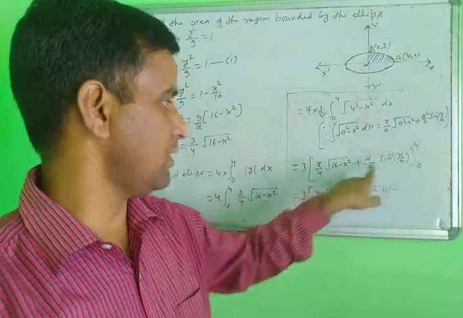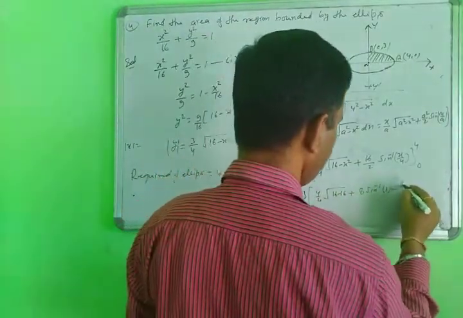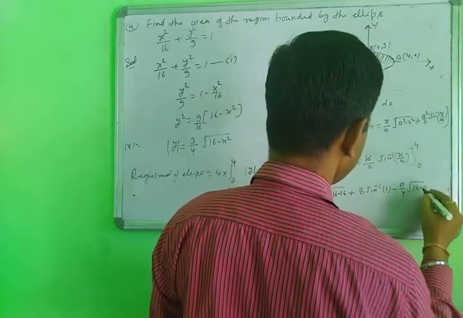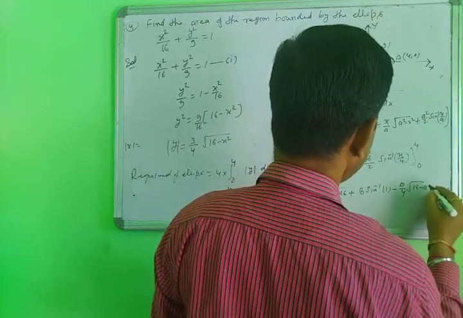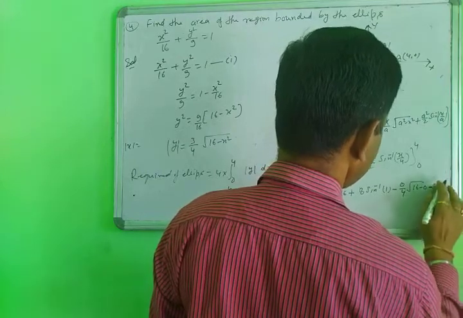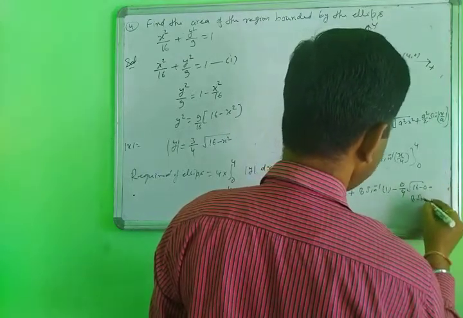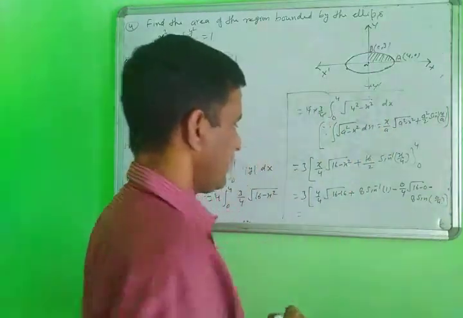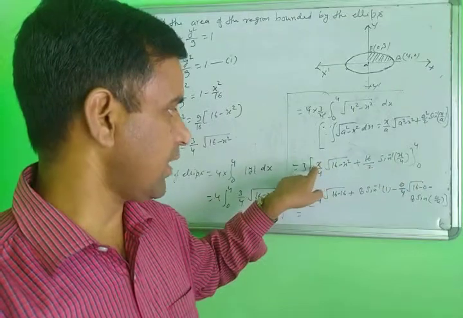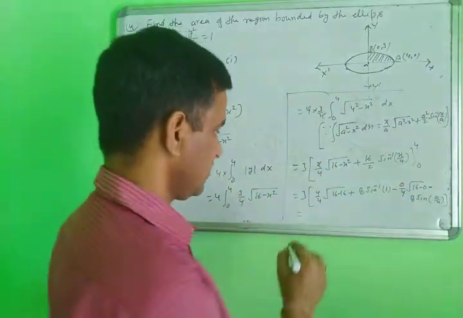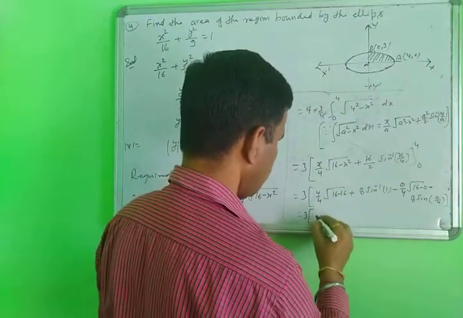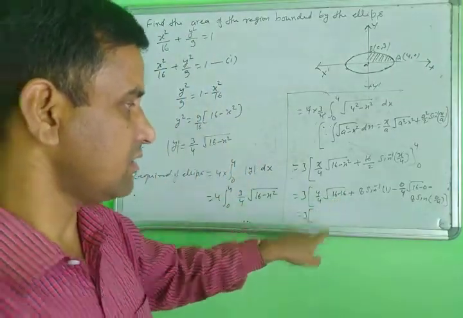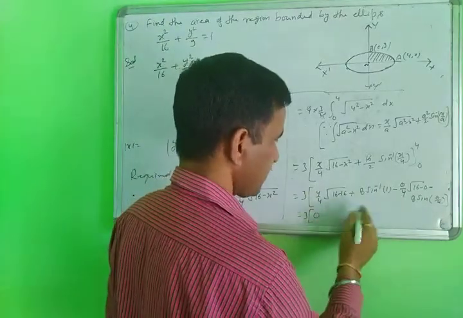Then using the lower limit: 0 upon 4 times root 16 minus 0, minus 8 sin inverse of 0 upon 4. Where x is, you put 0, so the result here is 0. 16 minus 16 is 0, multiplied gives 0.